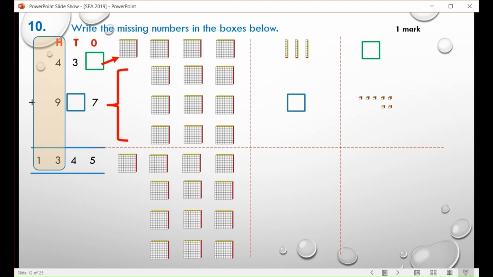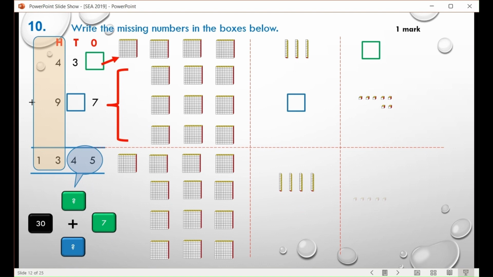So what are we left with? We are left with 3 tens or 30 and some ones, which we don't know, in green, and some tens in blue, and 7 ones. So if we think about that, then that gives us 45. We could see it in the bottom half. We have 4 tens and 5 ones to represent that.